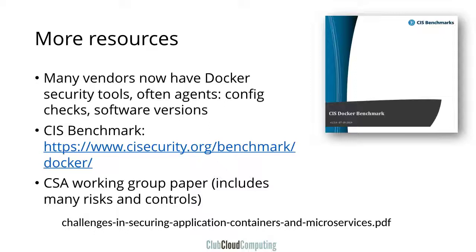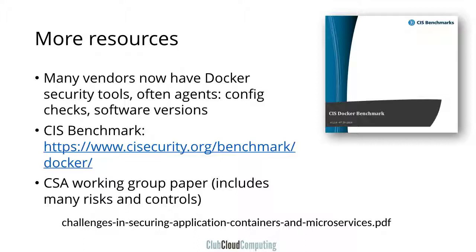When it comes to, let's say, more threat and control frameworks, there is the Center for Internet Security benchmark series. The Docker one is pretty good. You can see the link here. And then there's the Cloud Security Alliance's working group on this, and they have produced a paper that also includes a lot of risks and controls and a little bit more discussion of the background than the CIS benchmark.